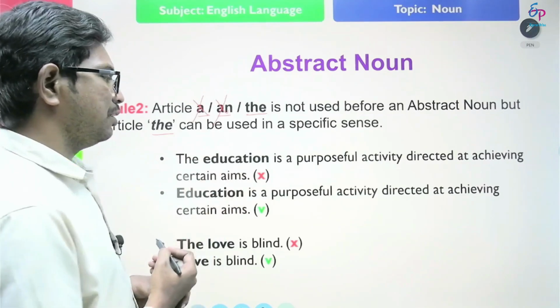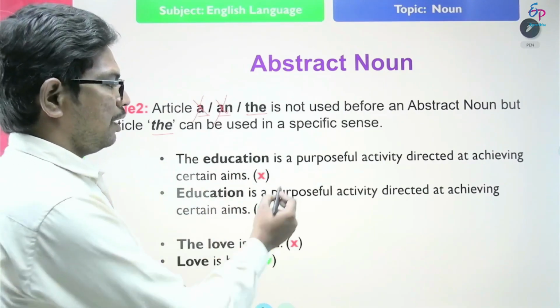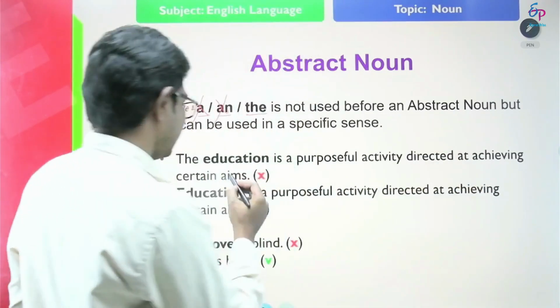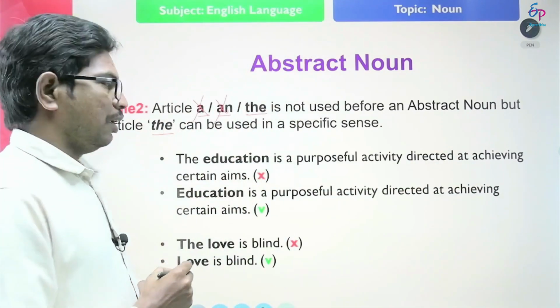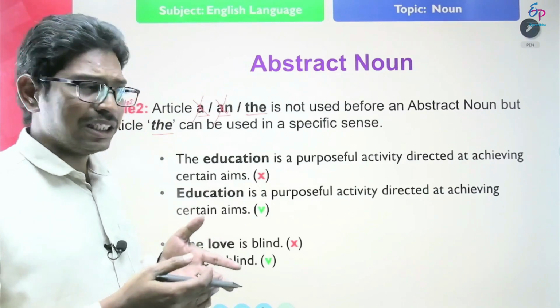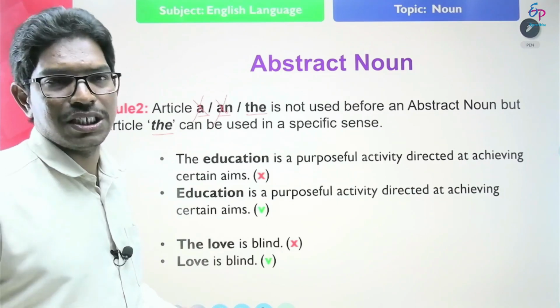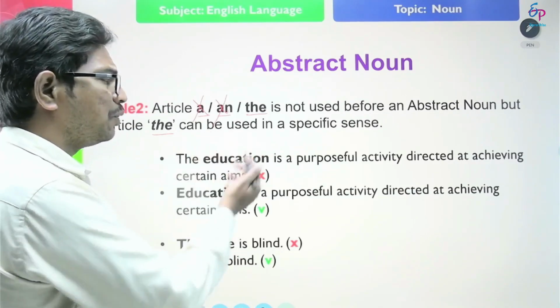The education is a purposeful activity directed at achieving certain aims. Here, what is education? It is a general sense. We are talking about education in a general way. The education is wrong.